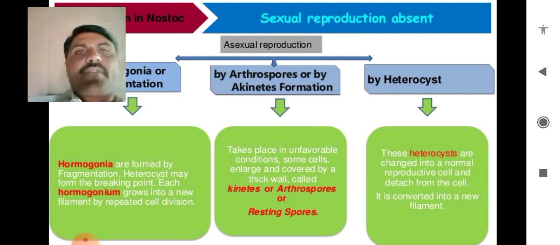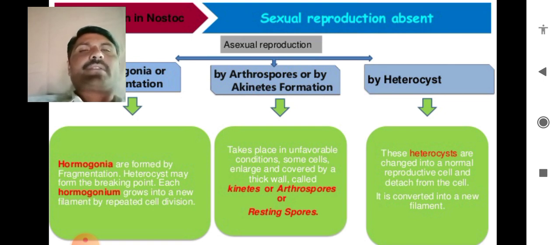The cells of a filament in a thread naturally become big and large in size, and they are covered by a thick wall. In such unfavorable conditions, these cells are called akinetes, arthrospores, or resting spores.